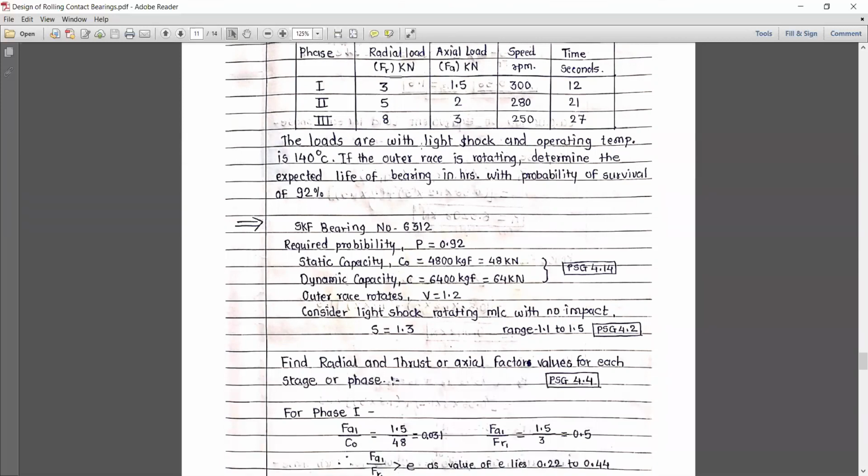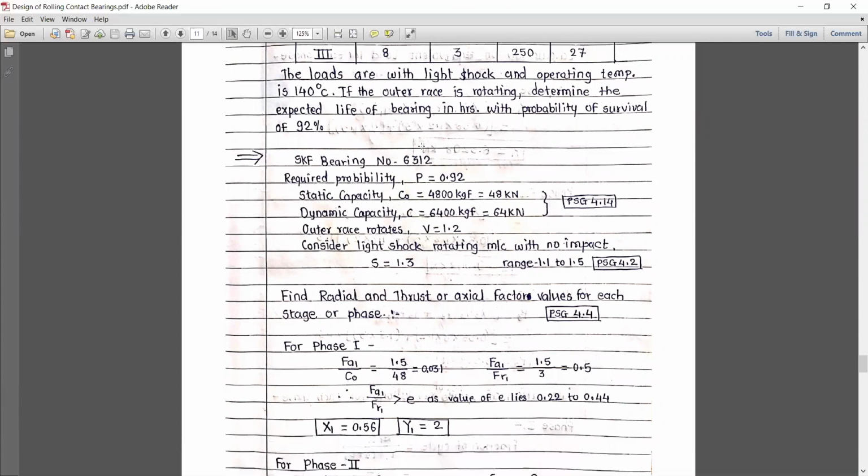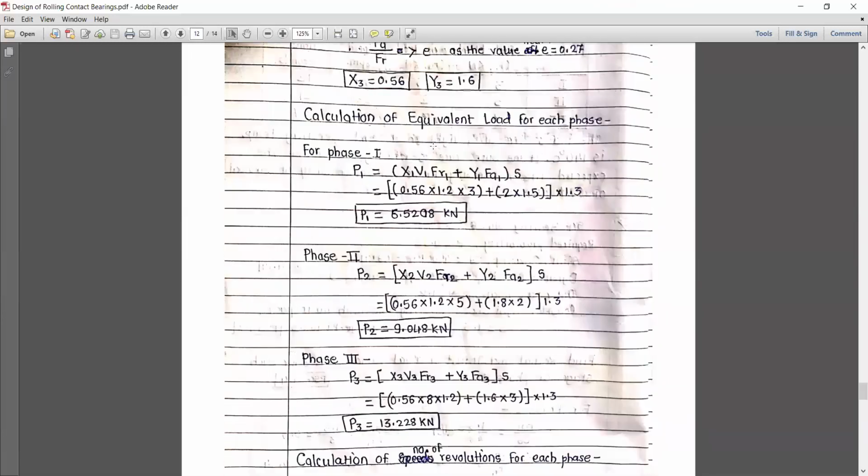Then we have calculated the life in million revolution with respect to LH10. Then we have calculated the life of bearing for 90% probability of survival, and then for 92%. ठीक है, पहले हमने 90 के लिए क्या निकाला, फिर हमने 92 के लिए कैलकुलेट किया. ठीक है, so I hope you have understood this problem.